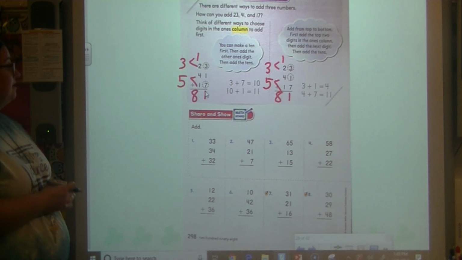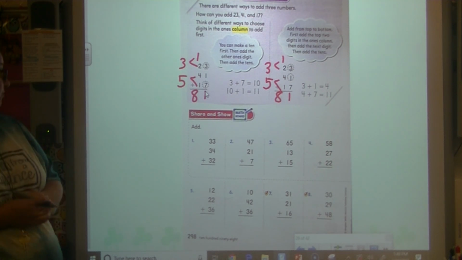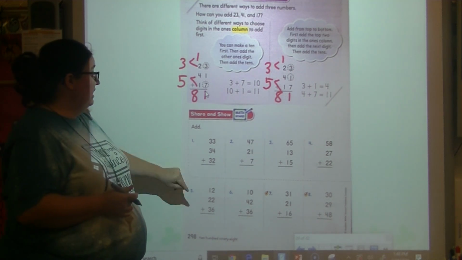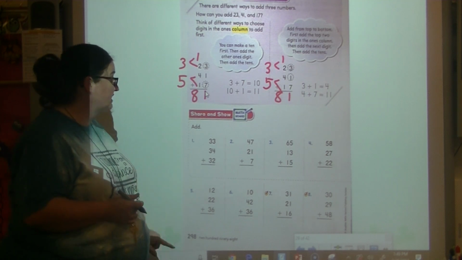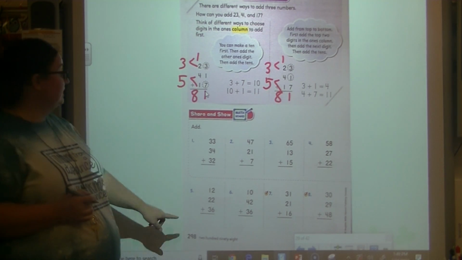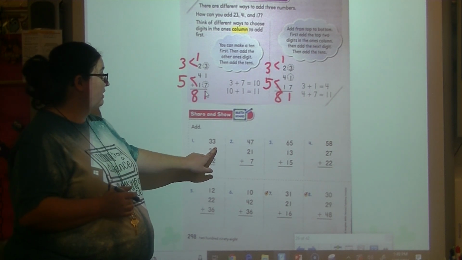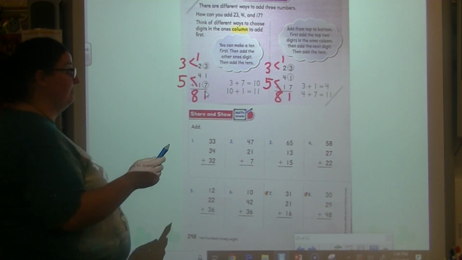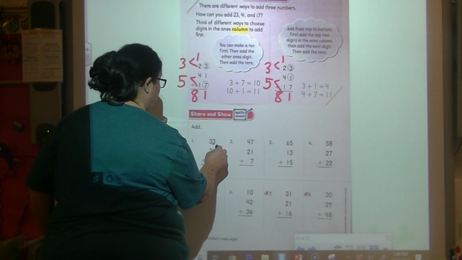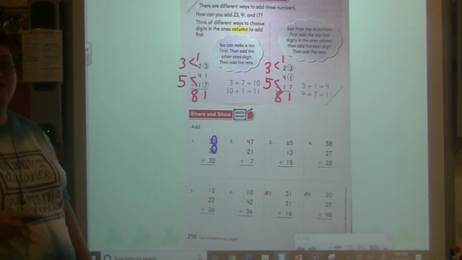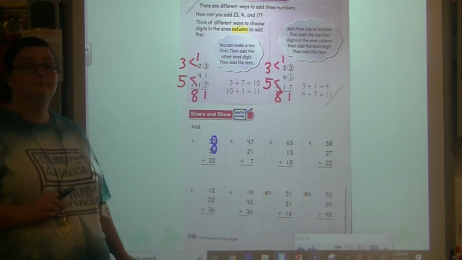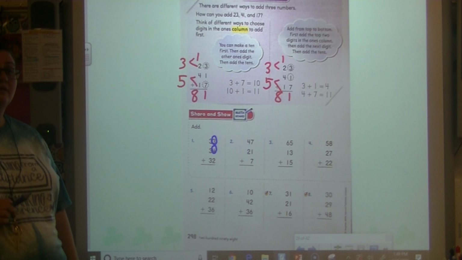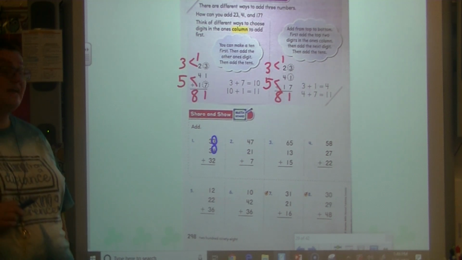Okay, now let's work some of these out together. Number 1, 33 plus 34 plus 32. All right, let's add 3 plus 4. So let's circle 3 and 4. We're going to start with them first. That way we know not to forget the 2. So what's 3 plus 4? 7.